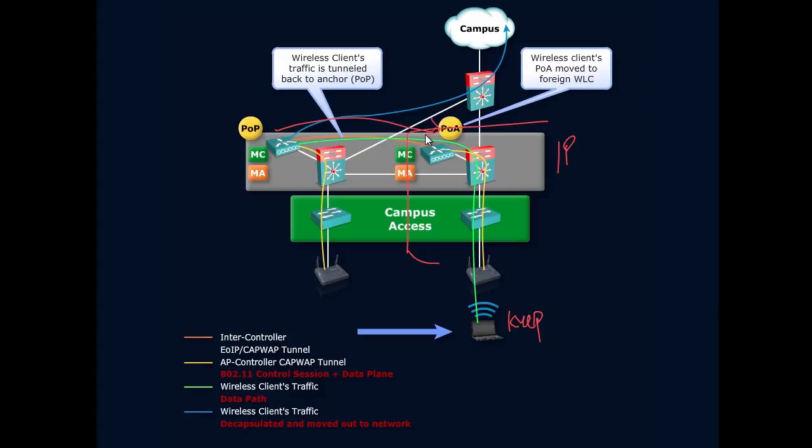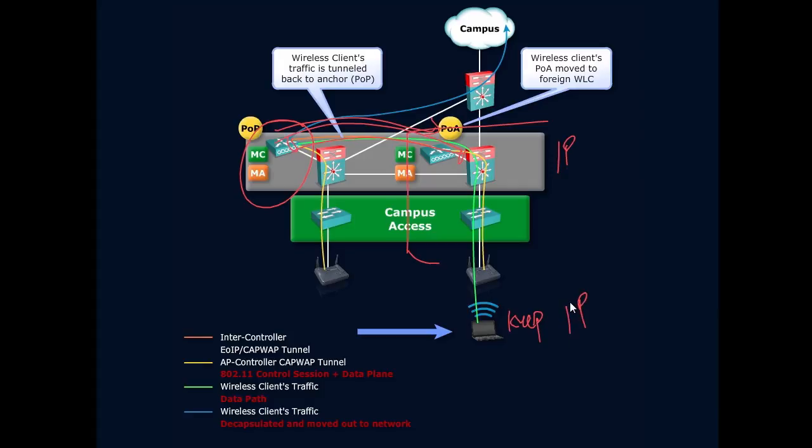However, we are not going to take the point of presence. The point of presence is going to stay on the old wireless LAN controller. Traffic is going to be tunneled back to the original controller.